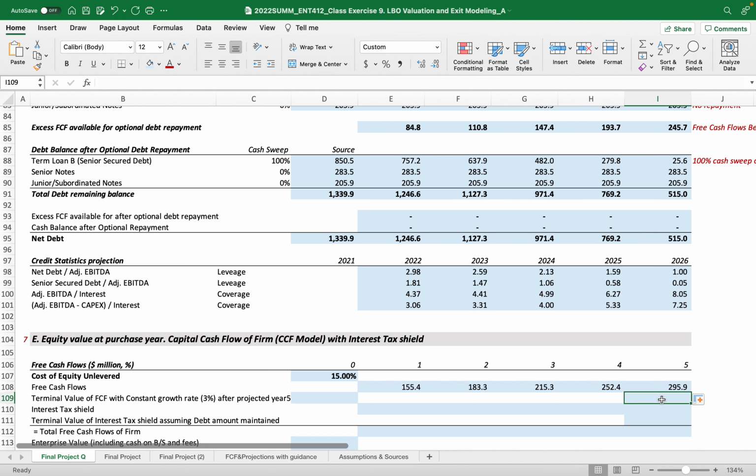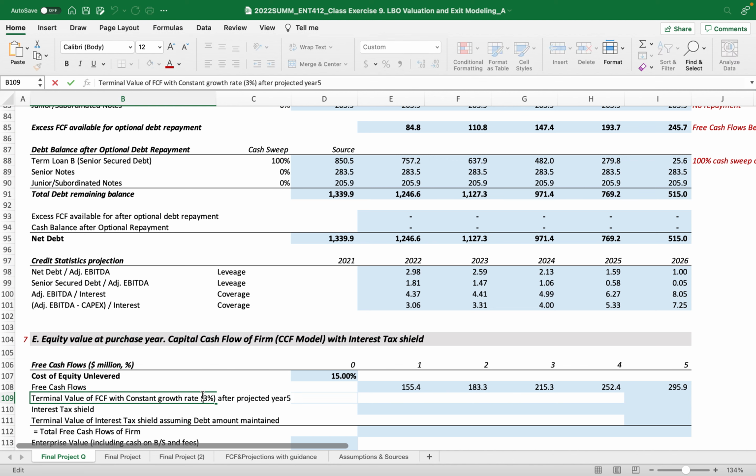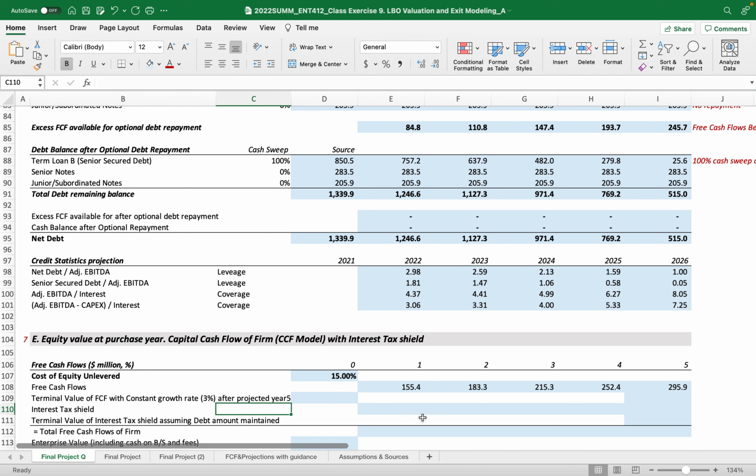Then the terminal value of free cash flow with a constant growth rate of 3%. Let's assume that 3% is the constant growth rate after year 5, because we assume that the company will last forever, right?